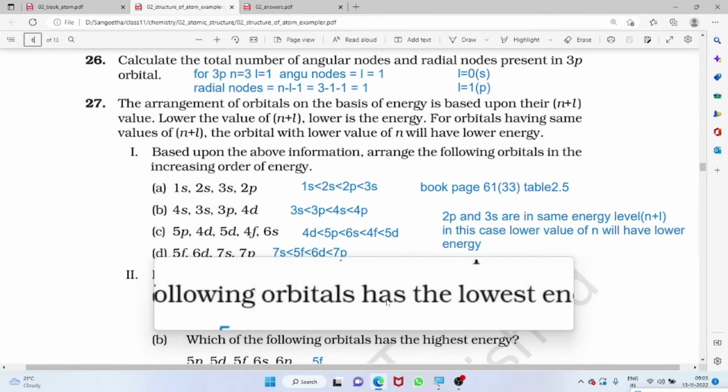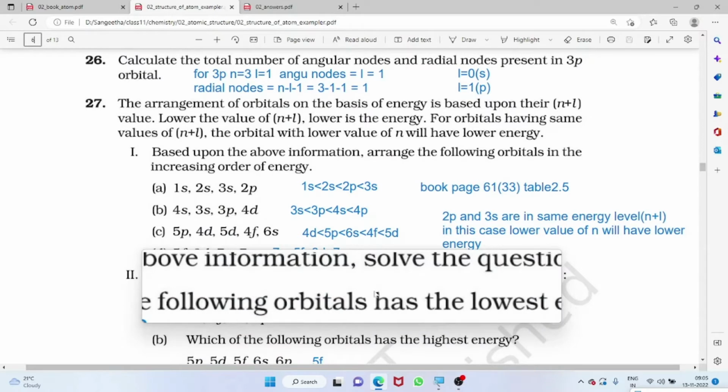Arrangement of the orbitals on the basis of the energy is based upon the n plus l value, that is the energy level value. Lower the value of n plus l, lower the energy. For orbitals having the same value of n plus l, the orbital with lower value of n will have the lower energy.